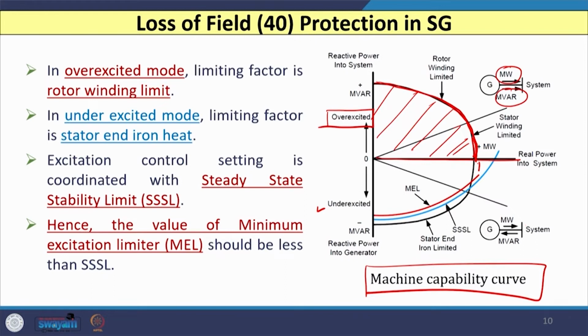Whenever you set the loss of field, which is known as the minimum excitation limiter setting, its line is always above this triple SL line. That is why you can see that this red line is always above the blue line, so that whenever loss of field occurs, it will be detected before the steady state stability limit is reached, and the field breaker needs to be tripped.